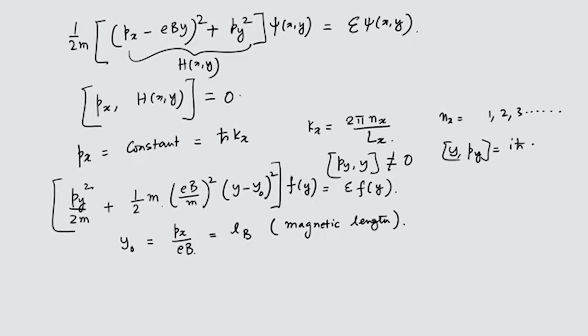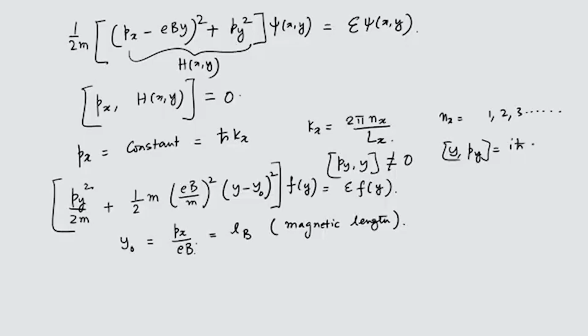And this clearly represents the Schrodinger equation for a harmonic oscillator oscillating in the y direction, not about 0, but about this y0, the magnetic length, which is given by Px over EB.